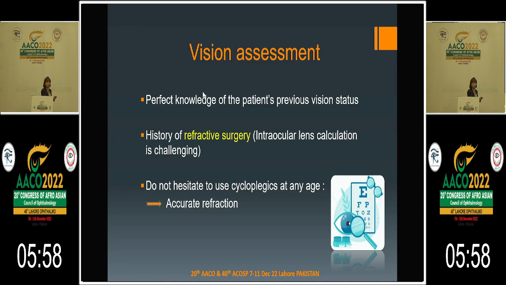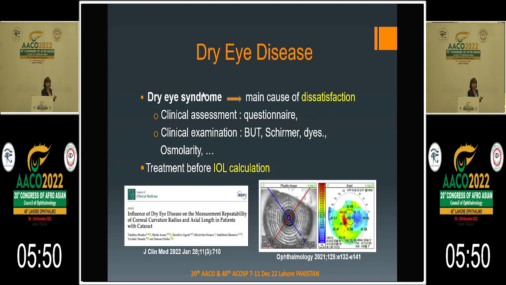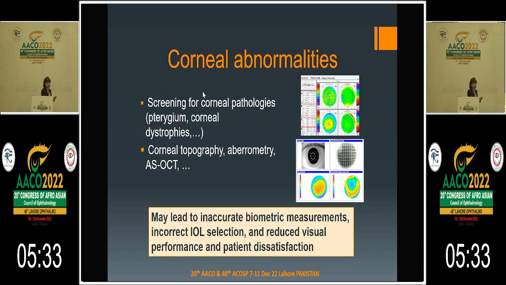And do not hesitate to use cycloplegic at any age to have an accurate refraction. The second assessment is dry eye. As you know, dry eye is the main cause of dissatisfaction of the patient. So we have to assess it and, of course, treat it before surgery.